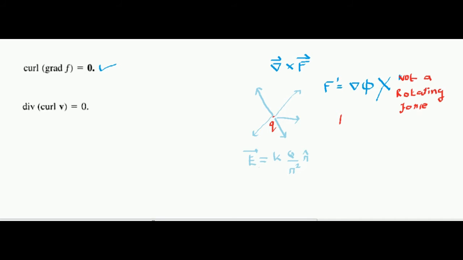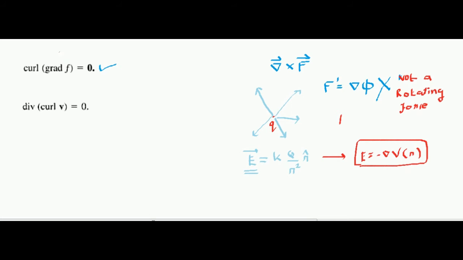So this says that electric field produced by a point charge always acts in a radial direction, and this type of electric field can be written as a gradient of some scalar potential or scalar function V. So any force or any field which can be written as a gradient of a particular function is not at all a rotating field.